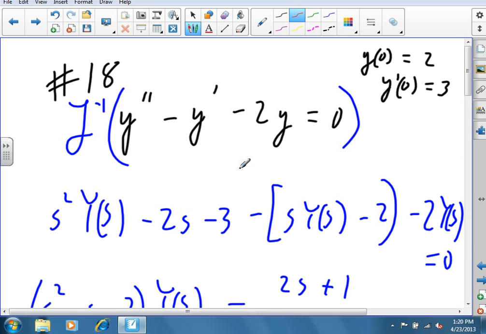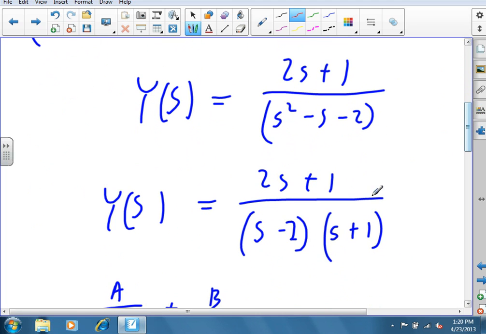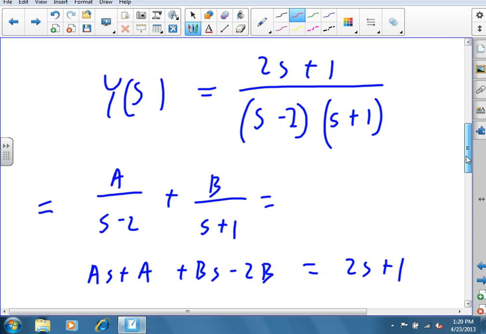Problem was written down properly. The Laplace transform is done correctly. S squared minus s minus 2 is correct. 2s goes that way. I have a 3, and a minus 2 is a 1. That's correct. Does this factor that way? Yes, it does. Okay, it factors that way.